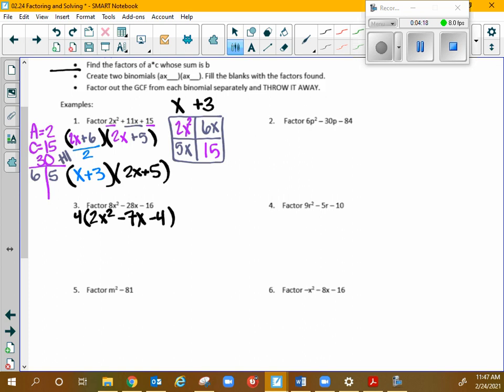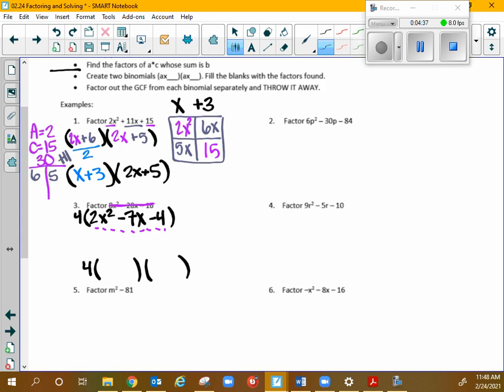Now remember, we talked about this yesterday. If you factor out a GCF, you no longer need the original one, because you're going to be factoring the one in the parentheses. Also, don't forget at the end that the 4 is sitting out in front.